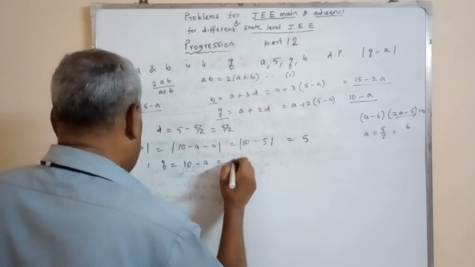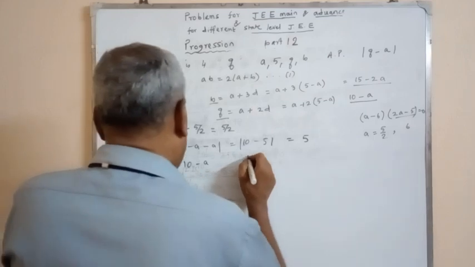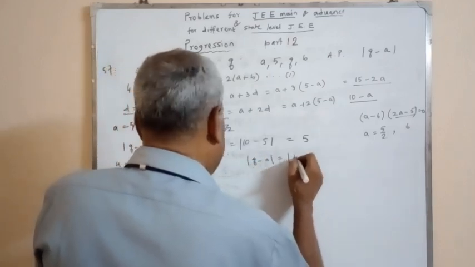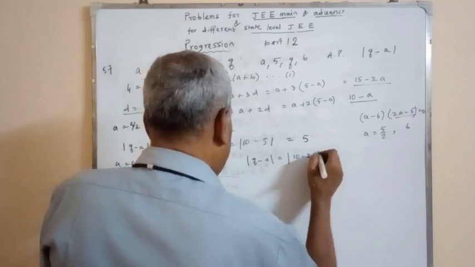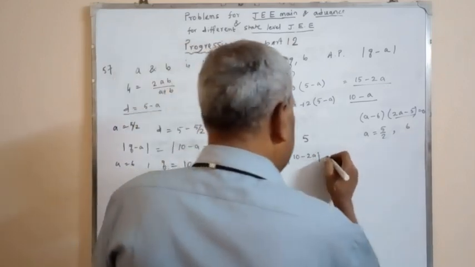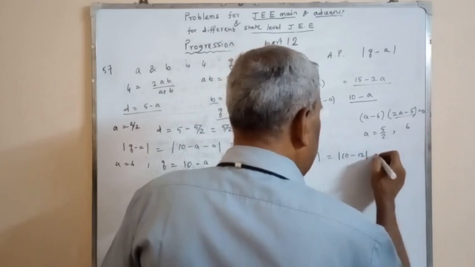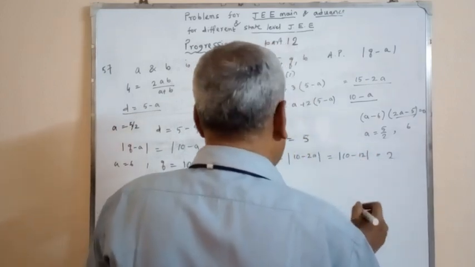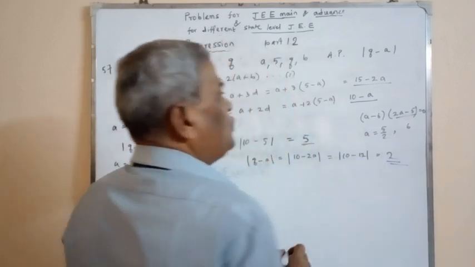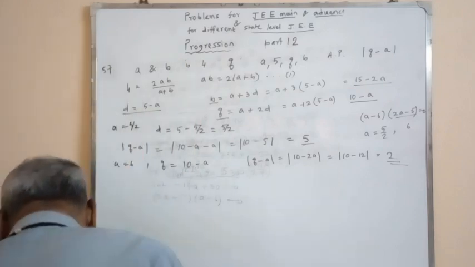So the magnitude of q minus a is equal to the magnitude of 10 minus 2a, that is 10 minus 12, which gives 2. So another possible value is 2. So either it is 5 or it is 2. Okay. Next problem.